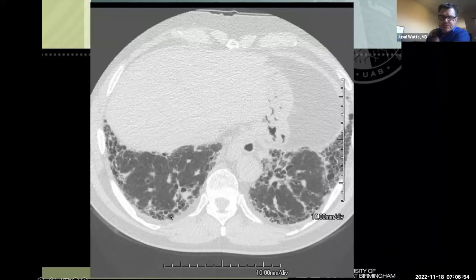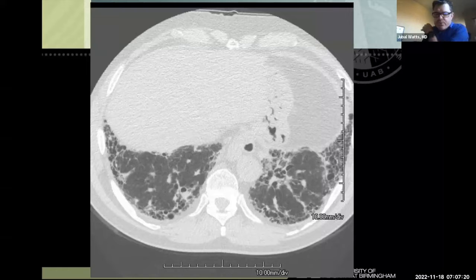They're little cysts, usually between 3 millimeters and 1 centimeter, and they have to abut the pleural surface. They can't stack up on top of each other, but they at least have to start at the pleural surface. If you see holes in the lung like this that don't start at the pleural surface, you just see them in the middle of the lung, then that is not honeycombing. That would be what we call non-honeycomb cyst-like changes.